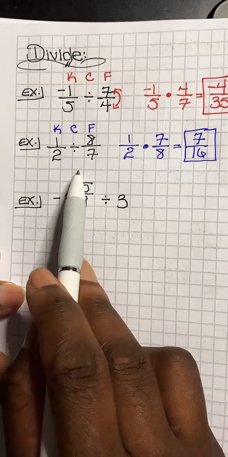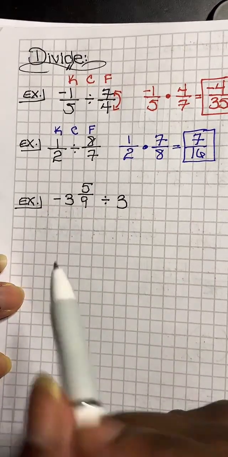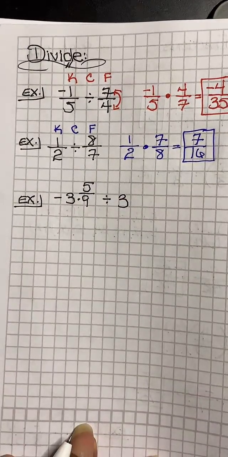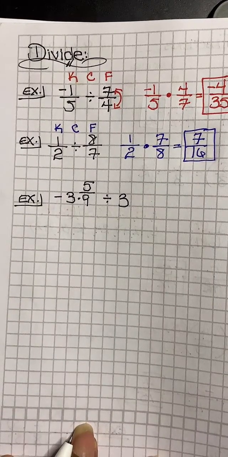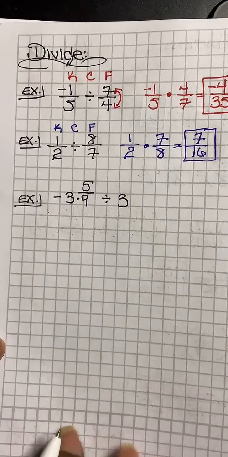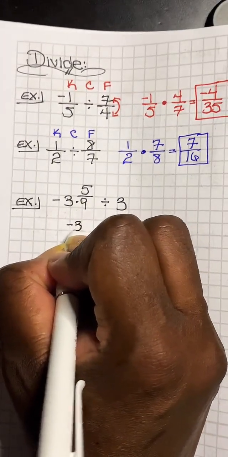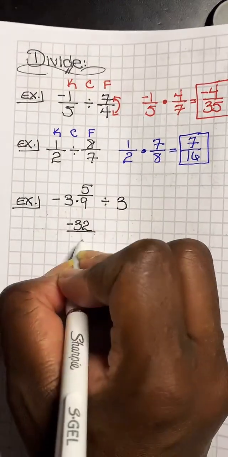I know we're still keeping everything, but we're just doing a little conversion to make it easy for us. So we have 3 times 9, which gives me 27. And then you take your 27 plus 5, that gives me my 32. Since it's negative, it's going to be a negative 32 over the divisor, which is 9.